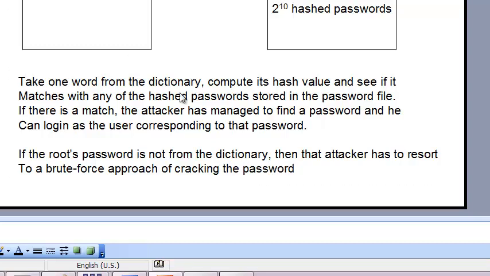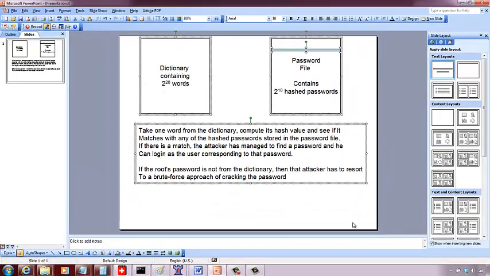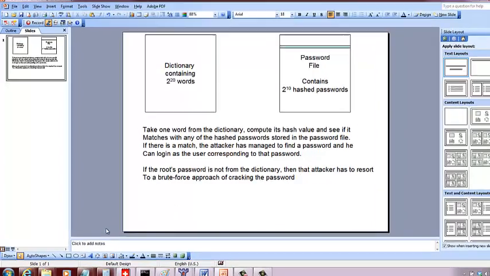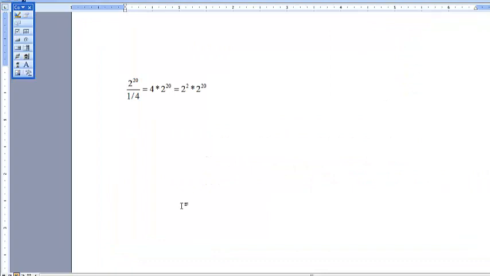Which means the complexity involved now is going to be a mix of both. So the average number of hash computations is going to be something like this.